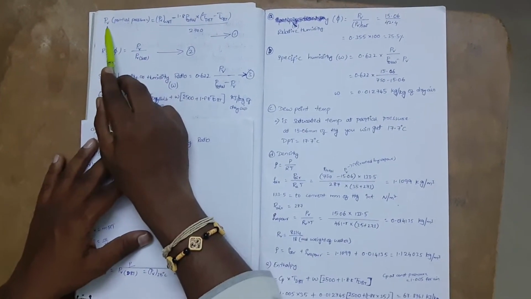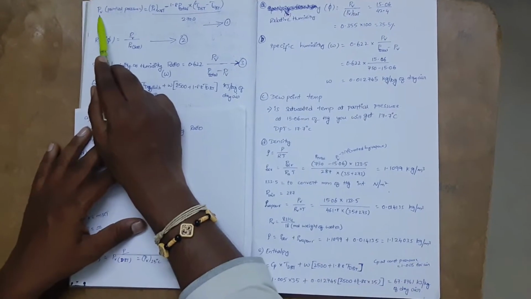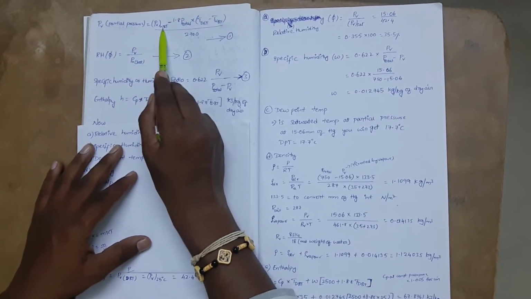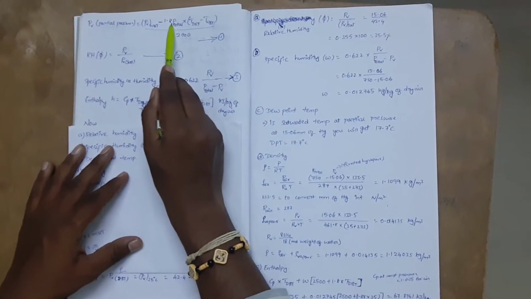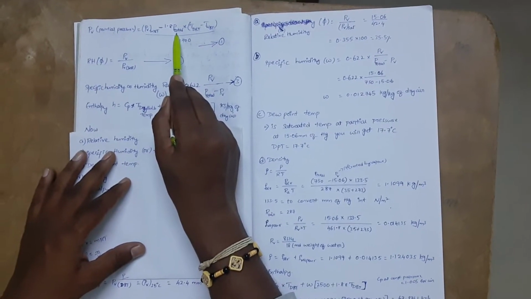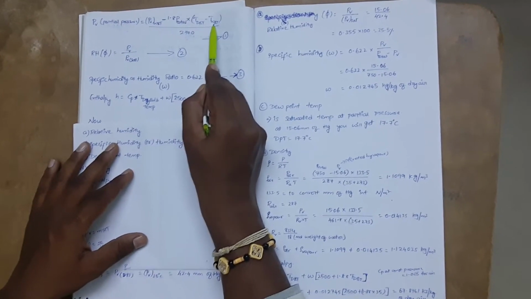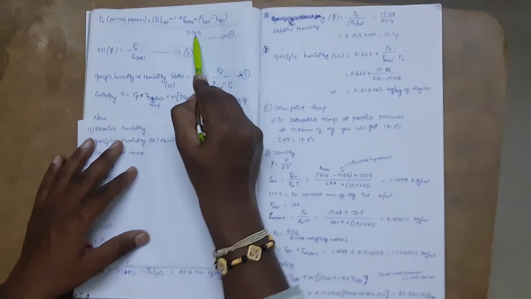First we will discuss partial pressure. The partial pressure formula is: partial pressure at wet bulb temperature minus 1.8 into P total pressure into dry bulb temperature minus wet bulb temperature, divided by 2000.